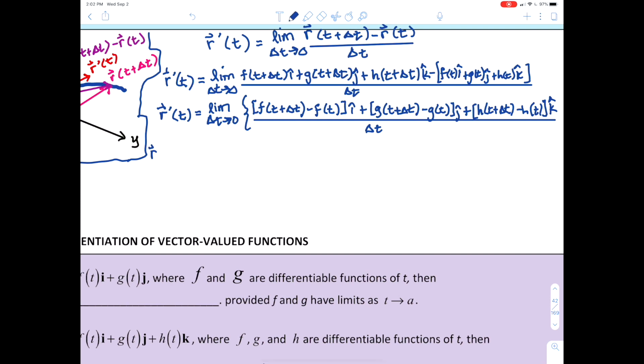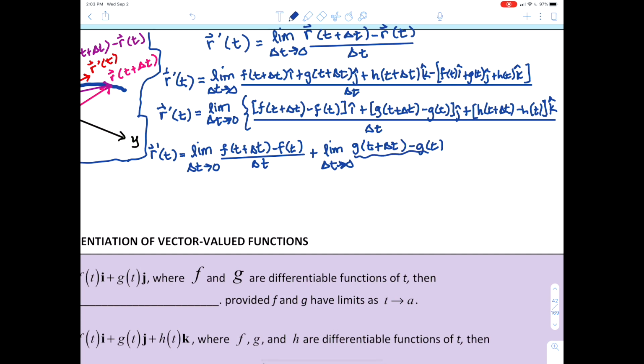So r prime at t could be split to the limit as delta t approaches 0 of f at t plus delta t minus f at t all over delta t, and then plus the limit as delta t approaches 0 of g at t plus delta t minus g at t all over delta t, and then finally plus the limit as delta t approaches 0 of h at t plus delta t minus h at t all over delta t times the vector k.